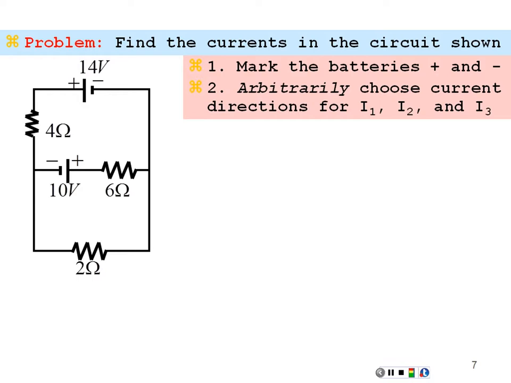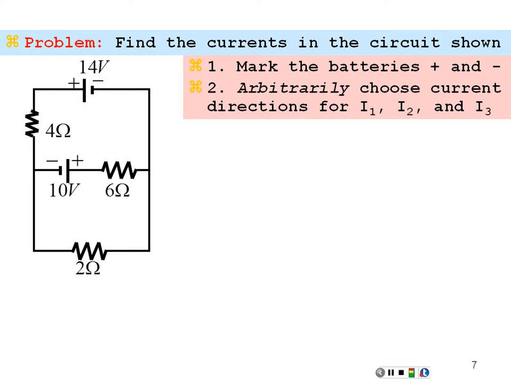Because my 10-volt battery is oriented from left to right, I'm going to have my current going from left to right in that branch as well. So I have my I1 going at least through the top part, going counterclockwise. My I2 going left to right.